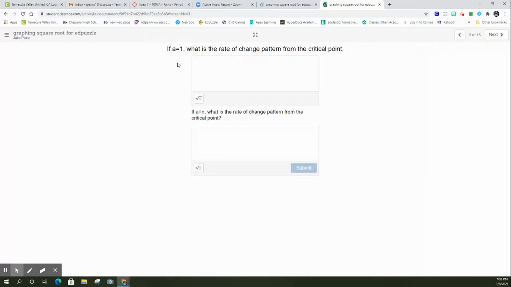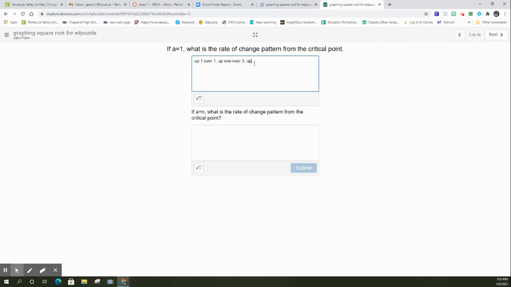All right. So if a is 1, what's the rate of change from the critical point? As I just said, the rate of change is up 1 over 1, then up 1 over 3. Right?